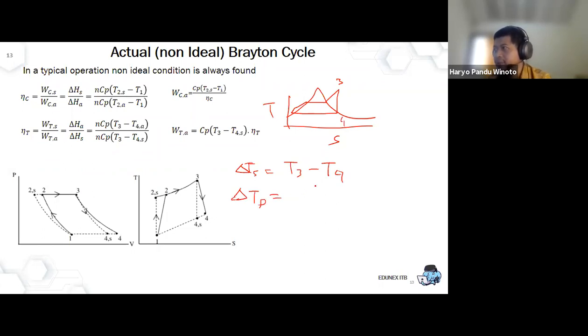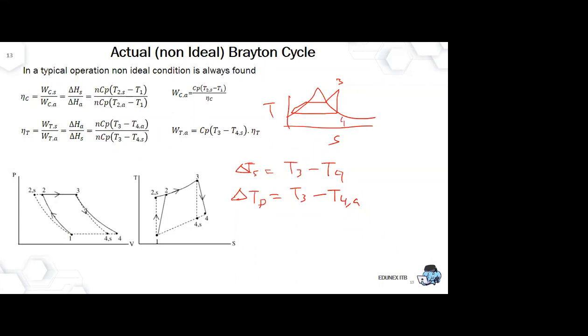It's going to be 3 minus 4 for actual. So if you still remember, where does T4 actual exist? Where is it?